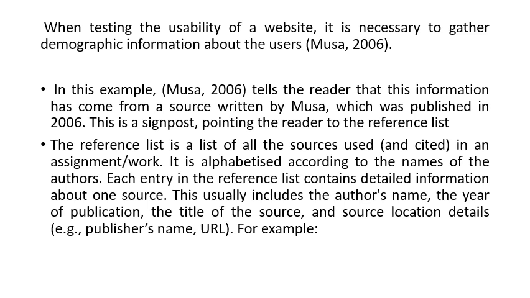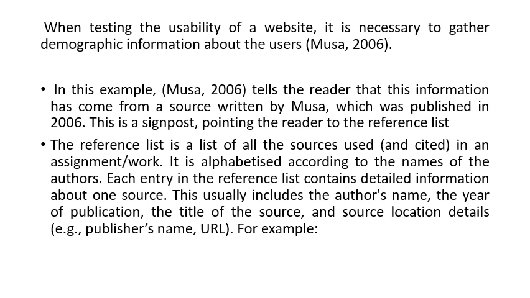Let's assume this paragraph is found in a research writing. This means that Musa 2006 tells the reader that the information has come from a source who is known as Musa, and Musa published his writing or research in 2006.